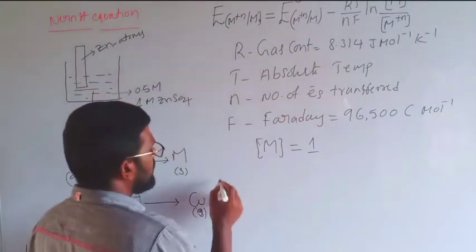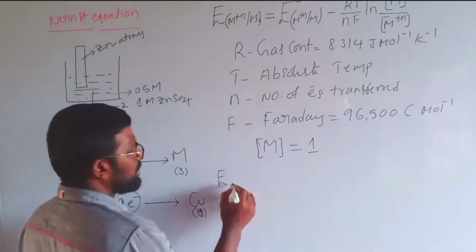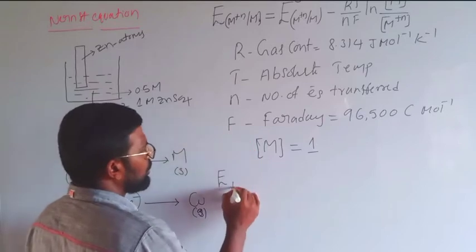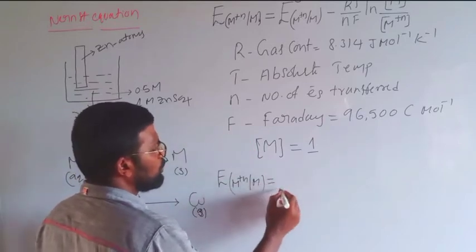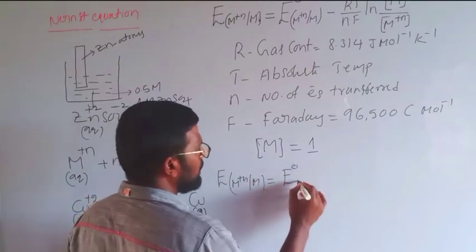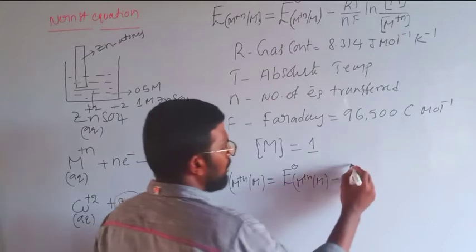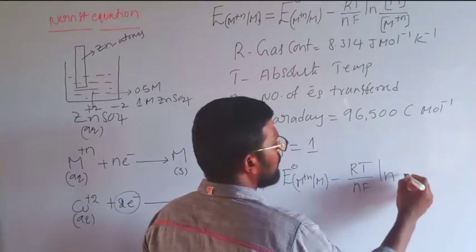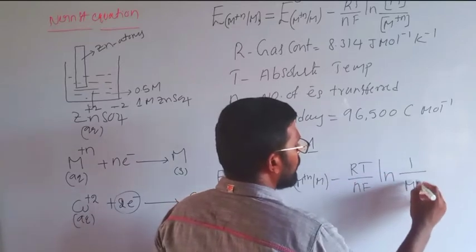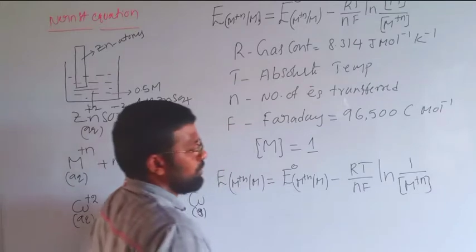Then the above Nernst equation is modified as: reduction potential of a given electrode is equal to standard reduction potential minus RT by nF ln of 1 by the molar concentration of the metal ions in aqueous form.